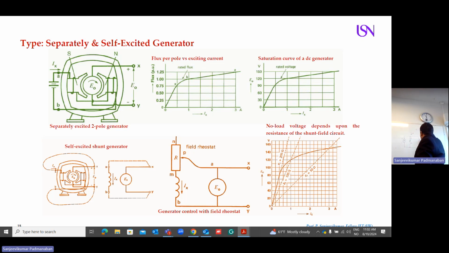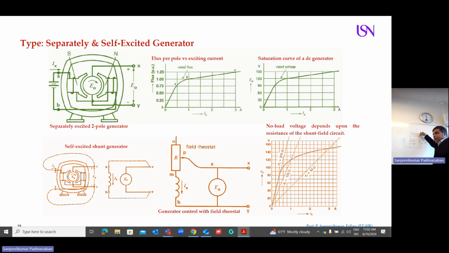So this is my rotating armature. This is my electromagnet, which is called the field winding. I have only one power supply. This is called self-excited. Look at the connection, how they are connected.